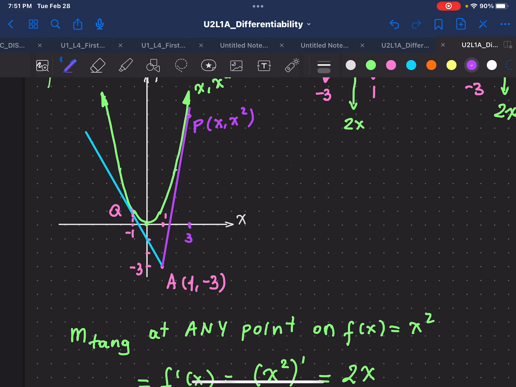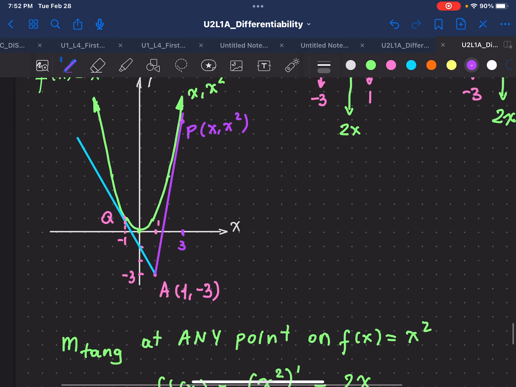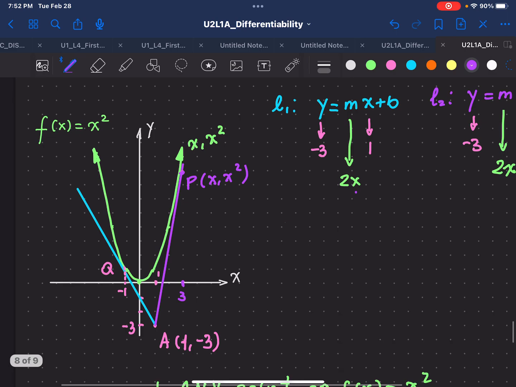So now that we have the coordinates at the point of tangency, we're going to say, okay then, this tangent in here, the blue tangent, is at x equals negative 1. So that will make the slope of the blue tangent equal to 2 times negative 1, or negative 2.